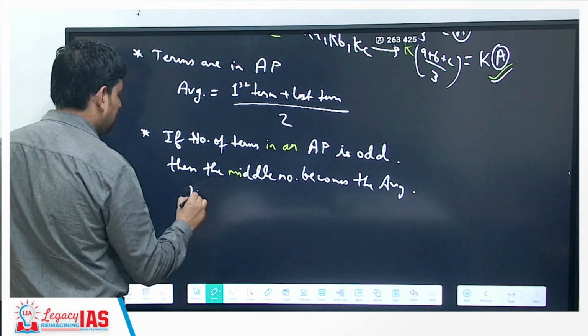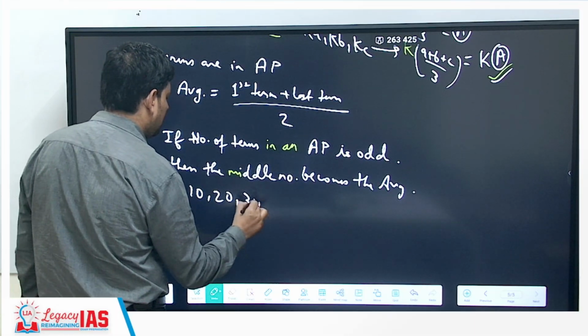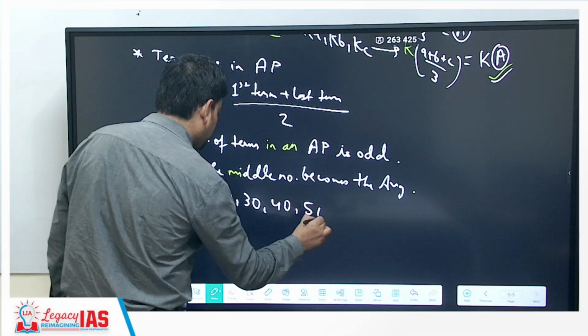Simple. For example, 10, 20, 30, 40 and one more 50.